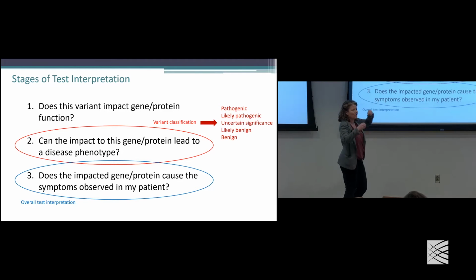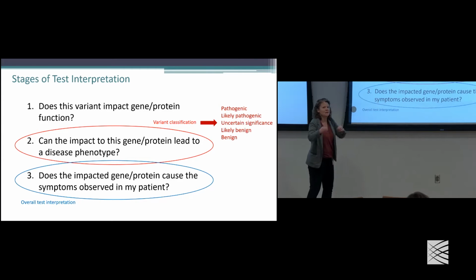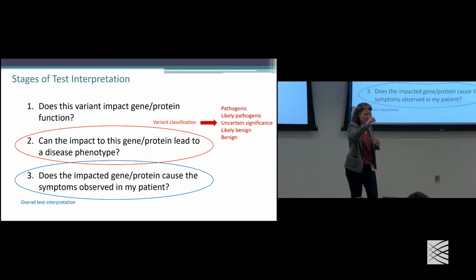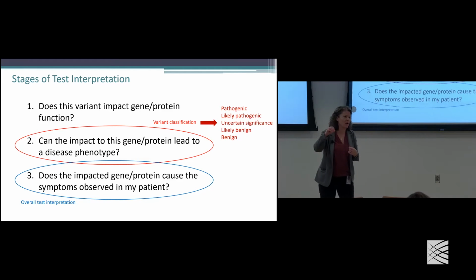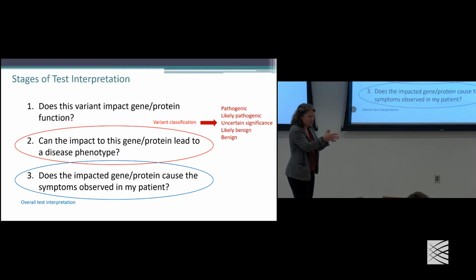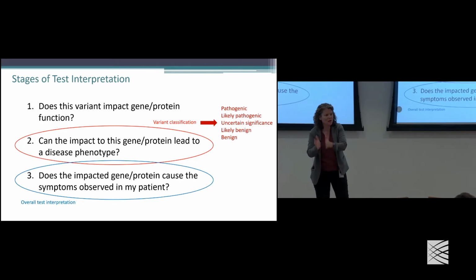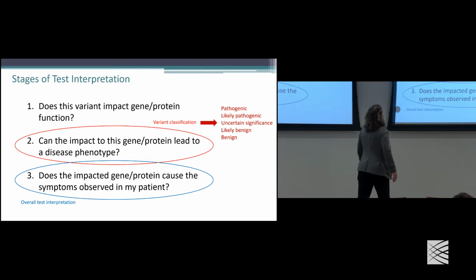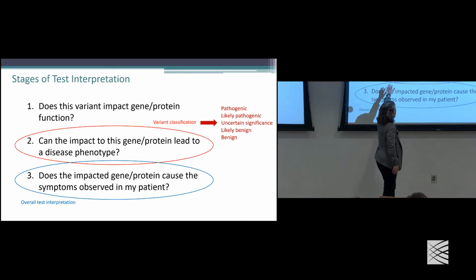But when we talk about variant classification, it is this step: does the impact on this gene or protein lead to a disease phenotype? Is it associated with disease? So variant A is pathogenic for cystic fibrosis in an autosomal recessive manner. So you're really defining the clinical significance in the context of a disease with an inheritance pattern. And that is what we developed the standards for.